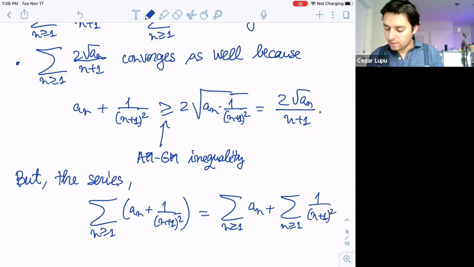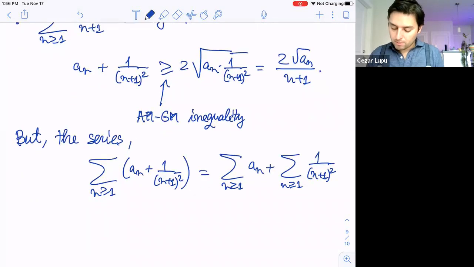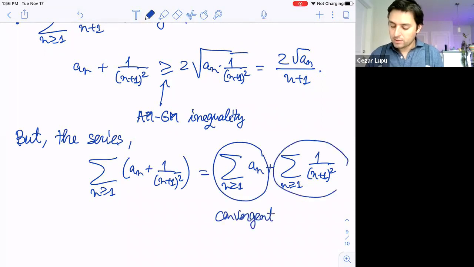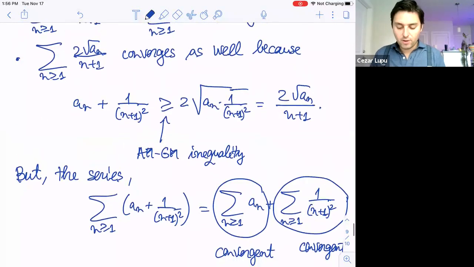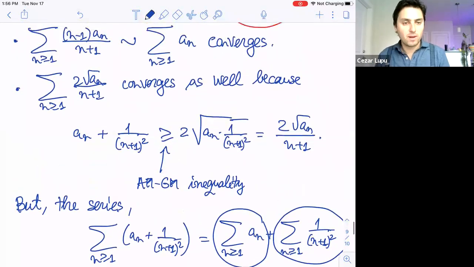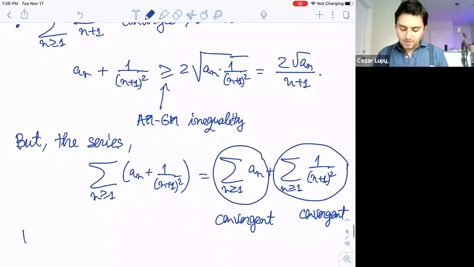Both of these are convergent: we know that from the hypothesis given in the problem, and this is just a harmonic series with exponent 2. Again, this is convergent. And by the inequality comparison test, it follows that this guy is convergent as well.